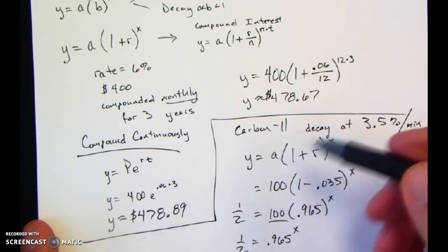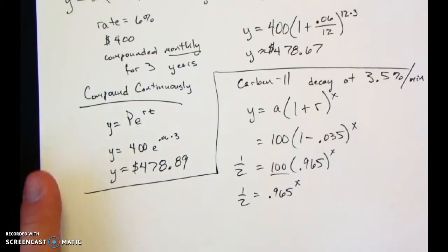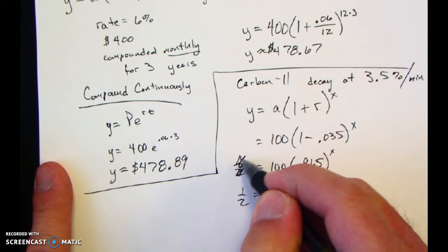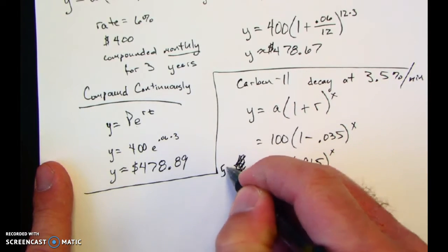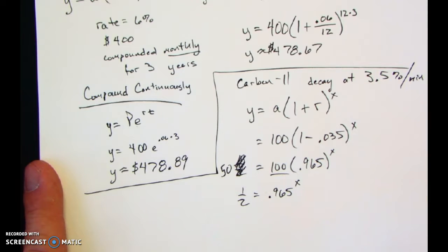That would be the half-life, is how long until I only have half of what is remaining. And anytime we're solving an exponential function where our variable is an exponent, that's when we use logarithms. We'll do more with logarithmic functions in the next section.